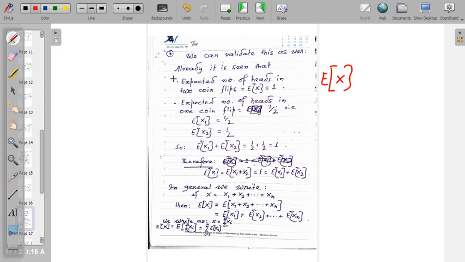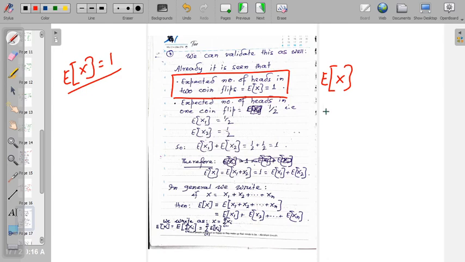Now we have already seen this: the expected number of heads in two coin flips, whenever I take that as a big simultaneous experiment. In two coin flips, I have seen that the expectation of X is 1. That result I have already got for two simultaneous coin flips.